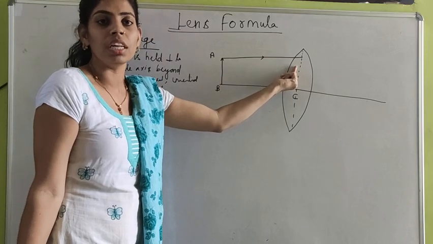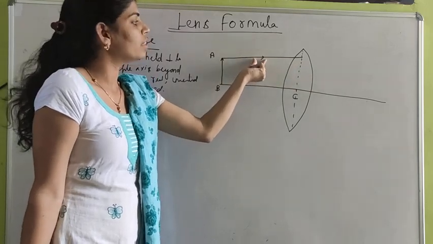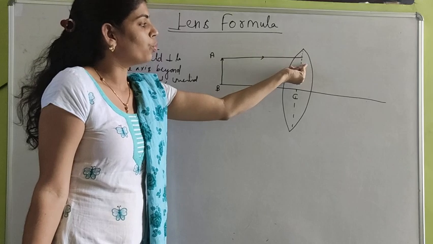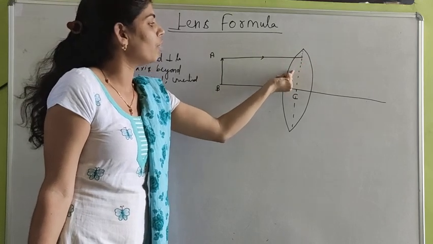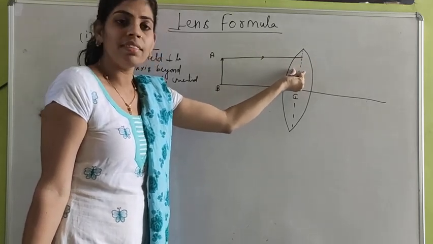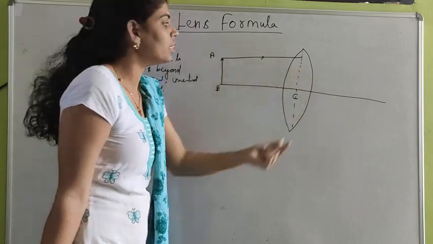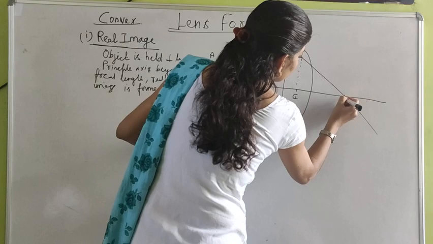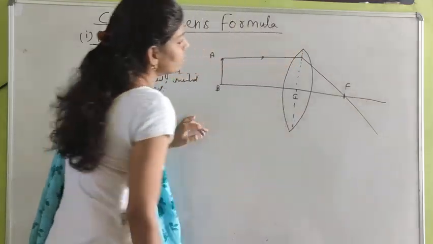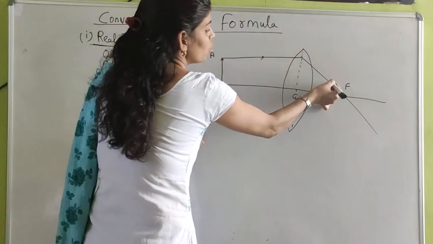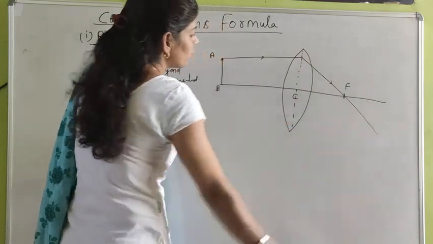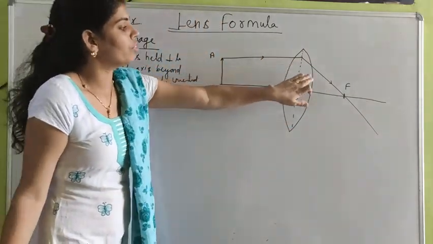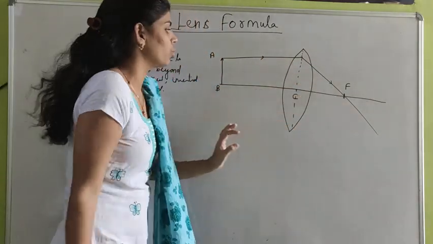Therefore, refraction will occur, and this incident ray, after going into the lens material, will change its path and pass through the focus. This point is known as focus. So this is incident ray and this is refracted ray, refracted on passing through the focus.